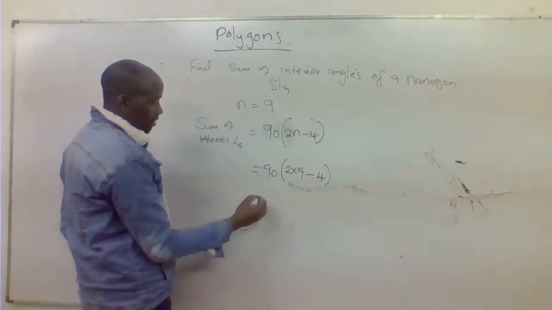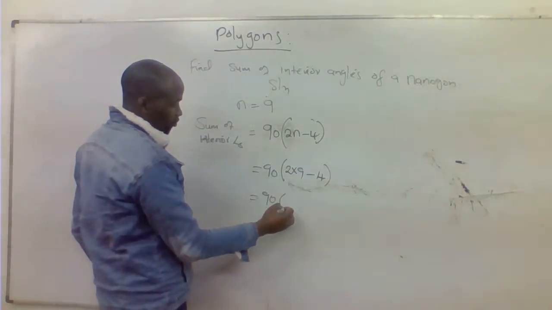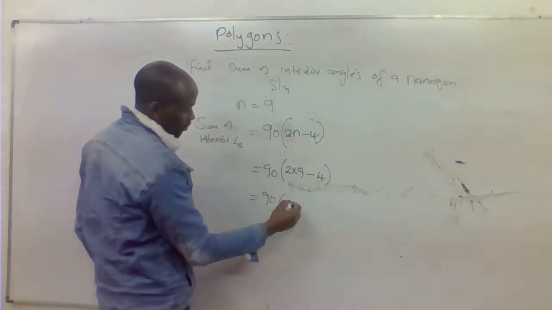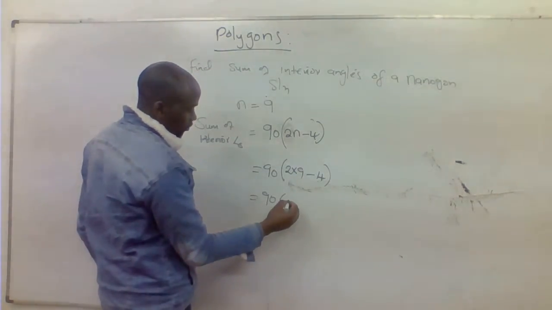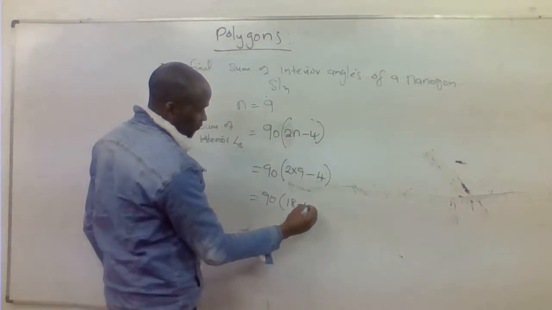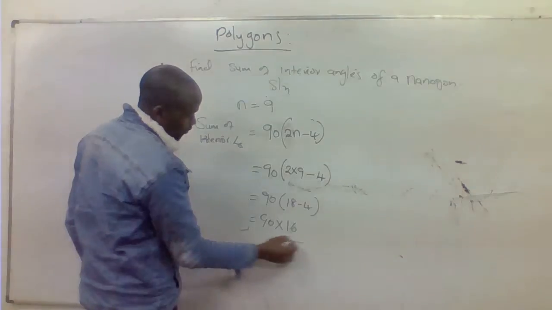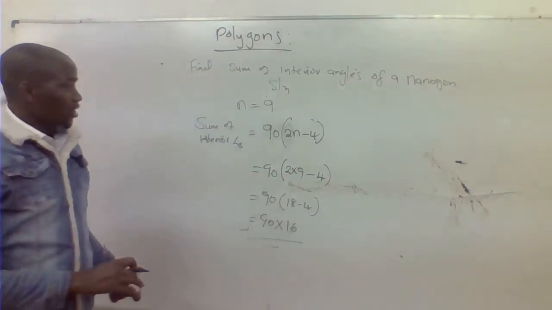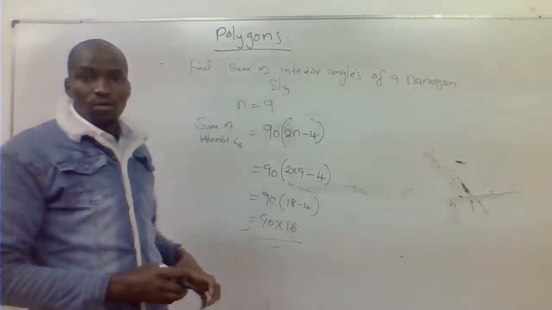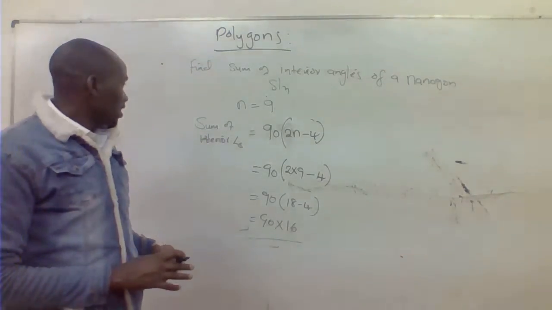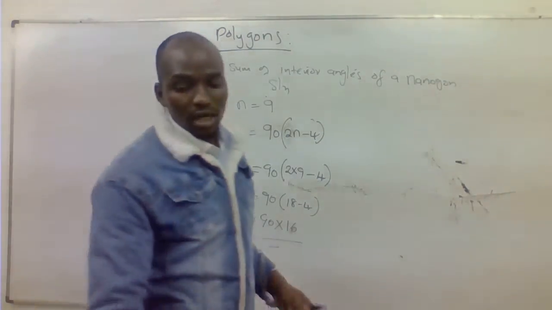So we have 18 minus 4, which gives us what? 14. So you get your answer as 90 times what? 14. So if you multiply that, you will get your answer. That's how we can get the sum of interior angles of any given polygon.